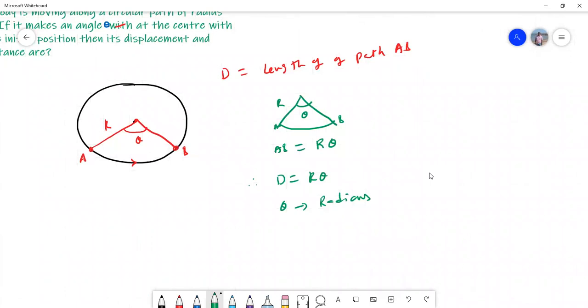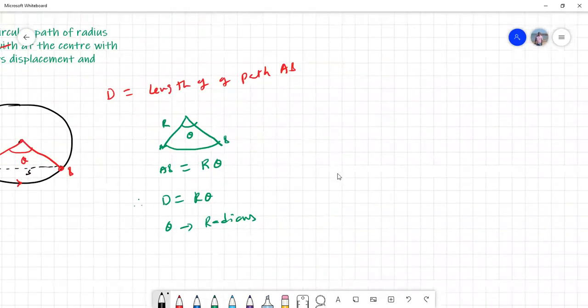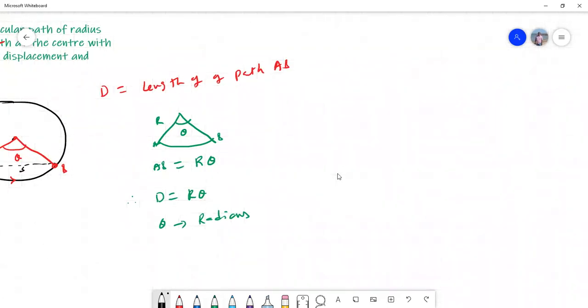Now, I want to calculate displacement. What is the displacement here? The shortest distance between the starting point and the ending point. This total is the displacement, AB. This is the shortest. Now to calculate that, again I'll draw a diagram. This is the center O, this is A and this is B. This is the shortest distance between these two, and this is the displacement.